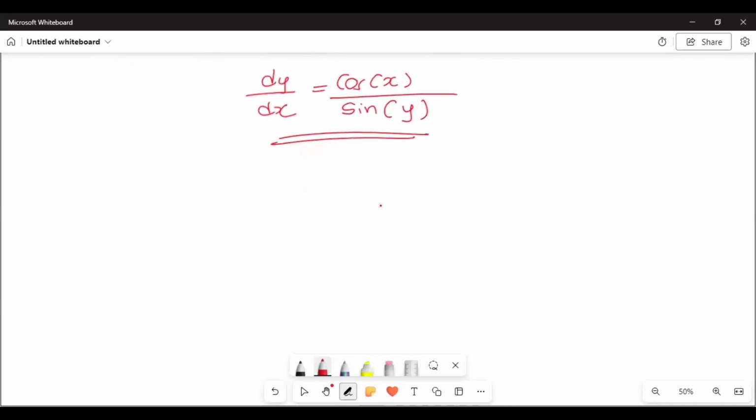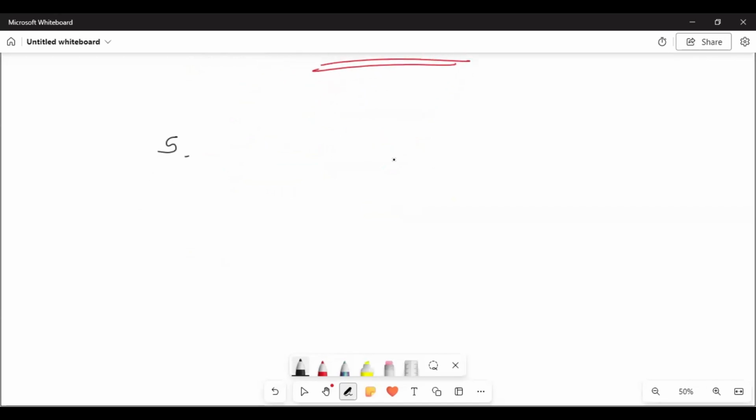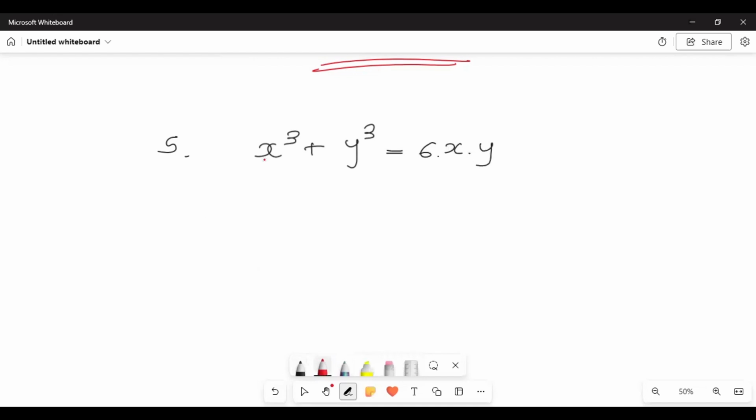Okay. So for the last one, fifth question. x to the power of 3 plus y to the power of 3 equals 6 times x times y. This is going to be 3 times x to the power of 2 plus 3 times y to the power of 2 times dy over dx.